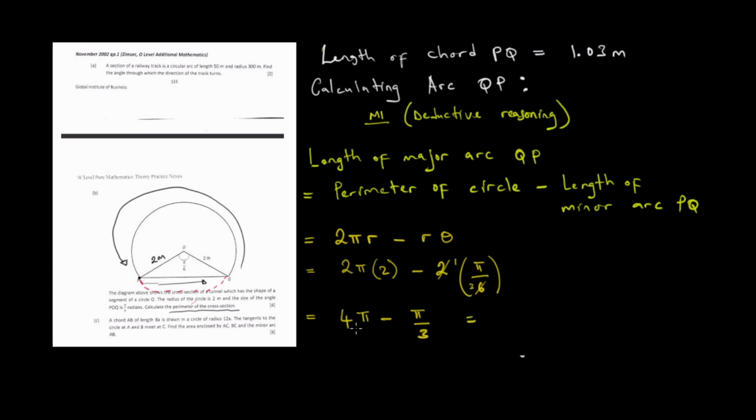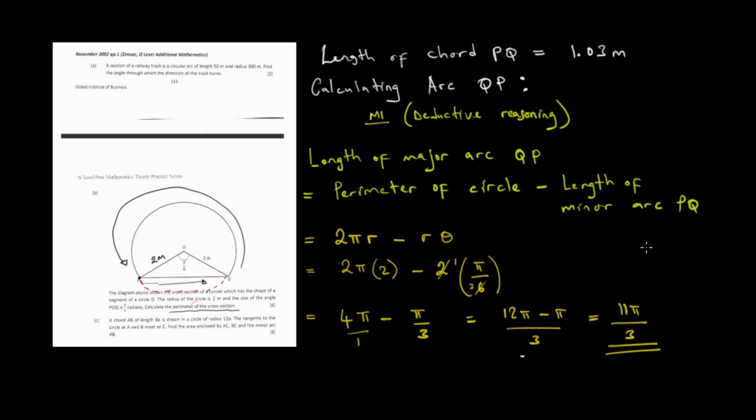If you don't understand, use the traditional way of subtracting fractions you were taught in grade 5. 3 times 4 pi, that is 12 pi, minus pi over 3, which gives us 11 pi over 3. So 11 pi over 3 is the length of the major arc QP.